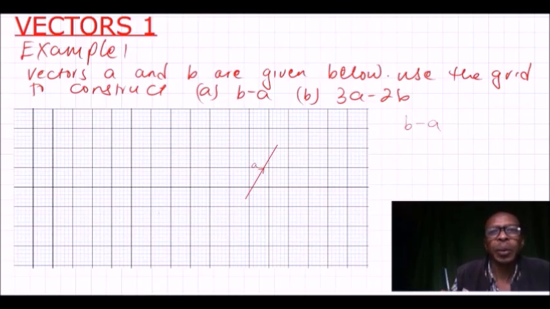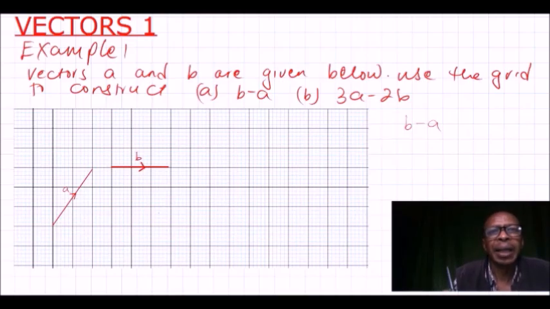So we have our vector A, which we can put there. I think that is better. We can have another vector here, which is vector B.